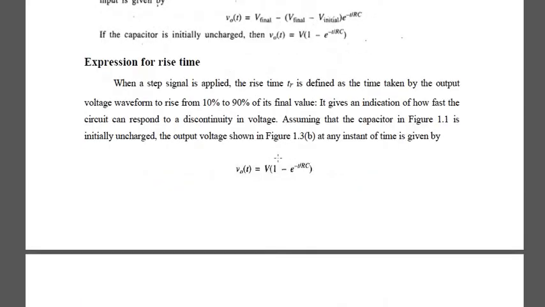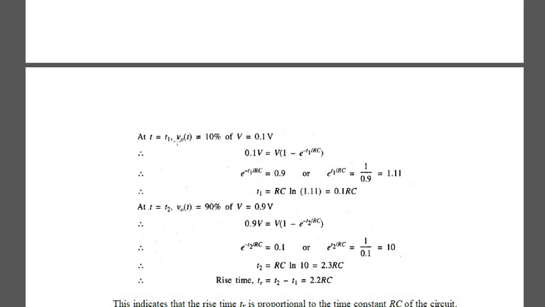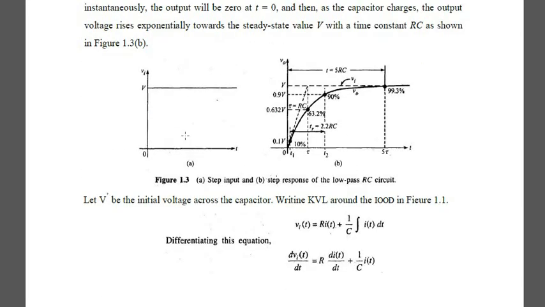At t equals t1, what is the output voltage V naught of t? Because your capacitor is not charged initially, even if you apply the voltage, it takes some time to charge. So at first only 10% of charge is done, and your output voltage V naught of t equals 10% of your V, which is 0.1 V. Now substitute these values into the given equation: 0.1 V equals V into 1 minus e to the power of minus t1 divided by RC.